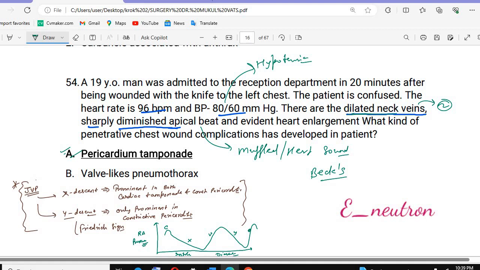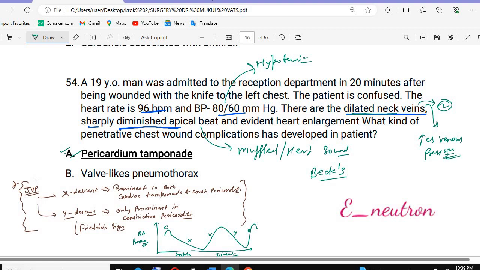So this is the Beck's triad: hypotension, jugular vein distension, or you can say neck vein distension, dilated neck veins, and muffled heart sounds, or soft heart sounds. And why does the jugular vein distension, the dilated neck veins, occur? That is due to which condition? Increase of venous pressure.